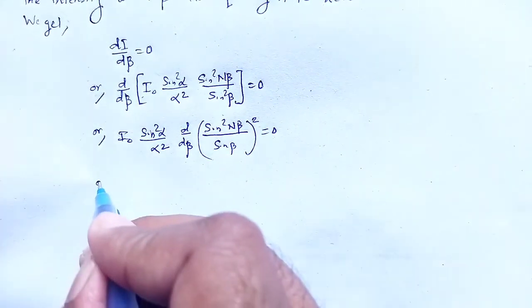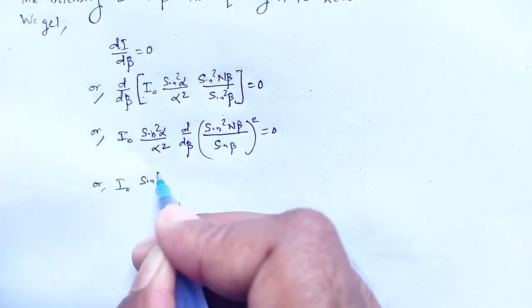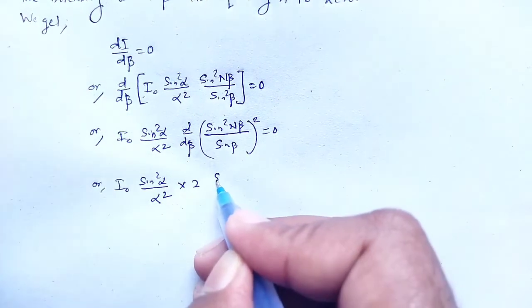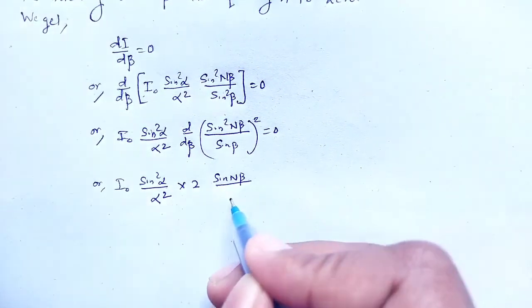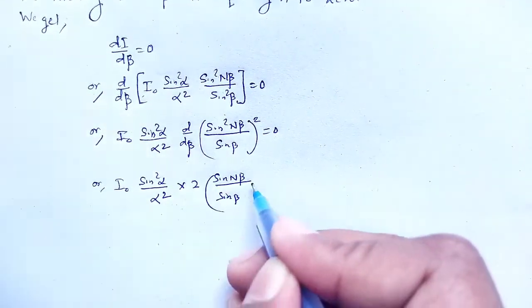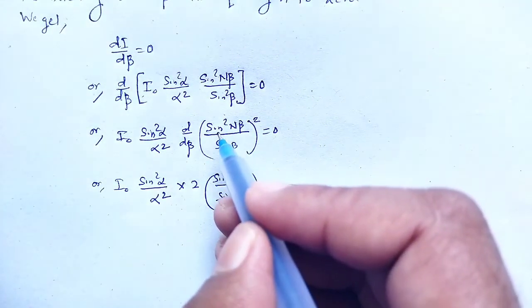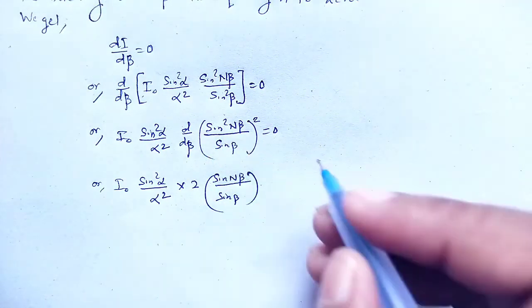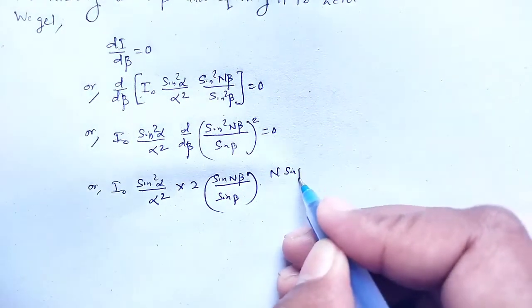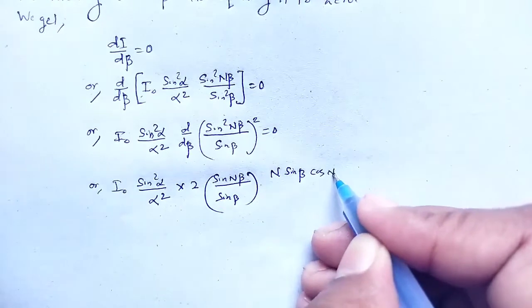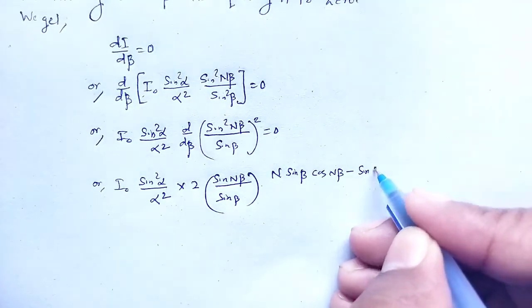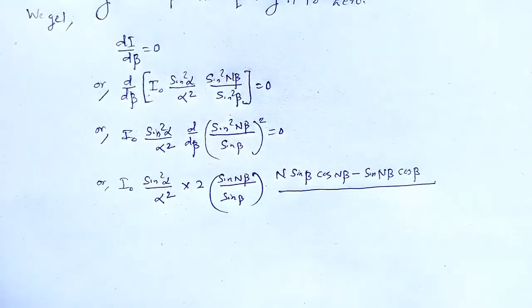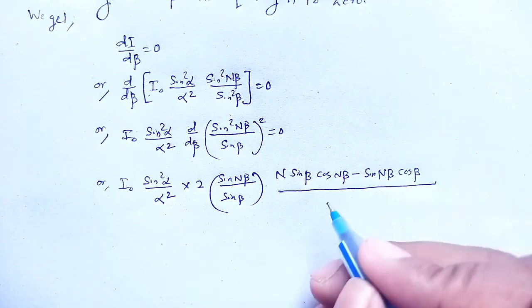Now, its differentiation, or I naught sin square alpha by alpha square, its differentiation is 2 sin n beta divided by sin beta. That differentiation of sin square n beta by sin beta in numerator and denominator form, we have n sin beta cos n beta minus sin n beta cos beta divided by sin square beta.